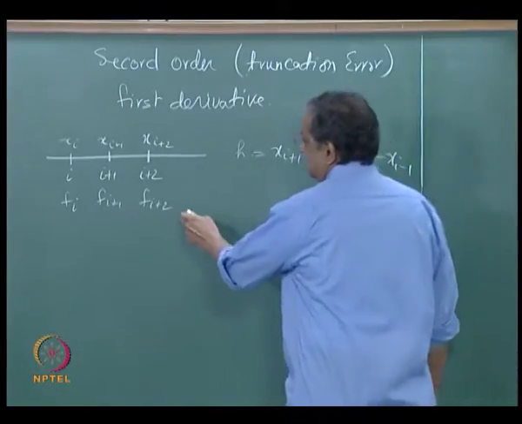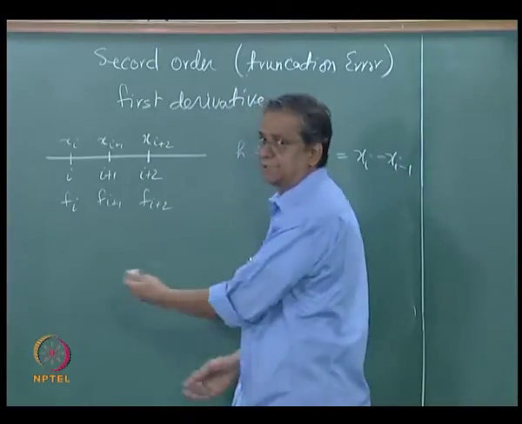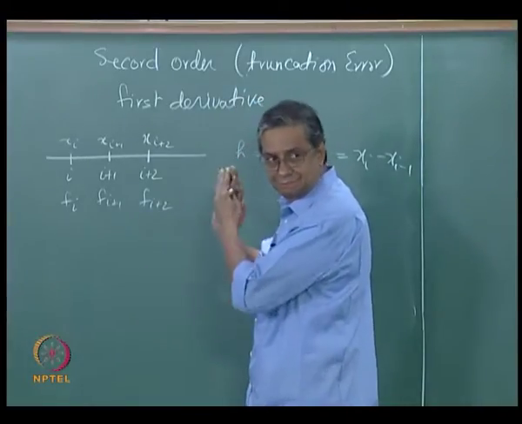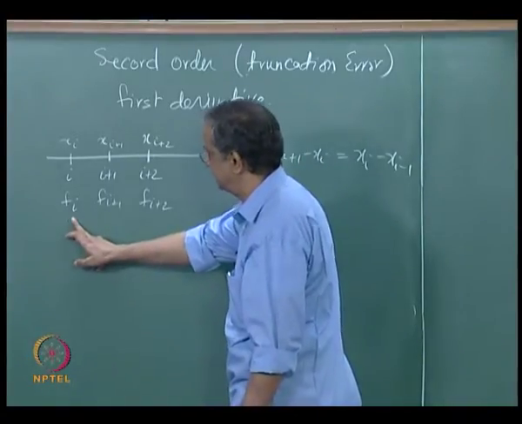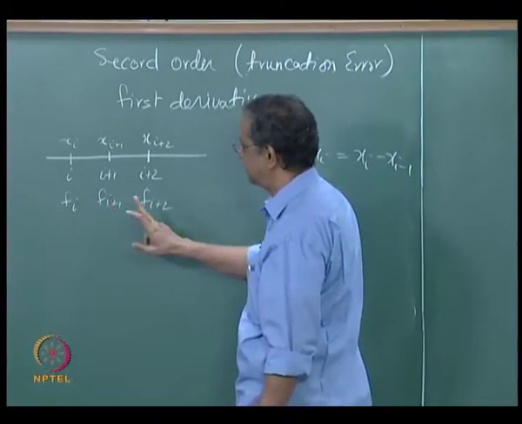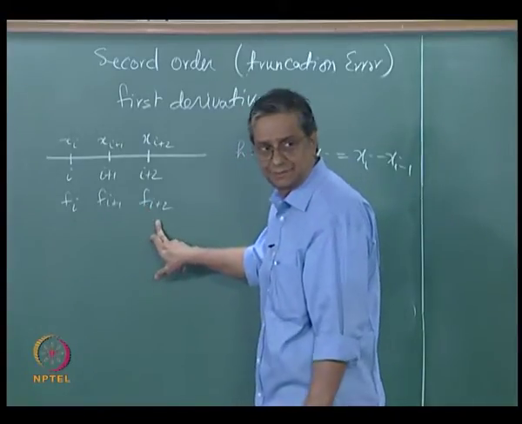Okay, so it is a simple game. Now we are going to do it clean from the start. We want to find the derivative at i, and I am going to use the points i plus 1 and i plus 2. We will use Taylor's series.